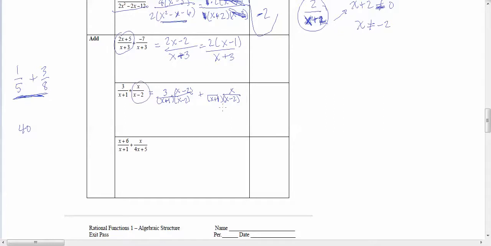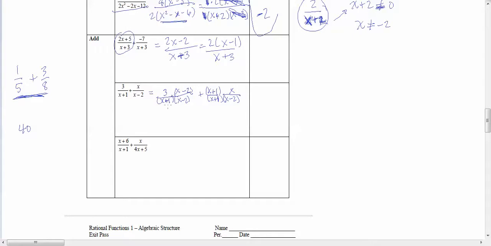But in order to make that true, I need to multiply it by x plus 1. Essentially I'm multiplying by 1, and this is the same as 1, so I'm not changing the equation, I'm just changing how it looks. The point is to get it over a common denominator.